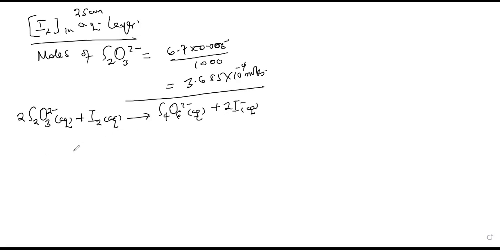So you can see that 2 moles of thiosulfate ions react with 1 mole of iodine. So if 2 moles of thiosulfate react with 1 mole of iodine, what about these moles?